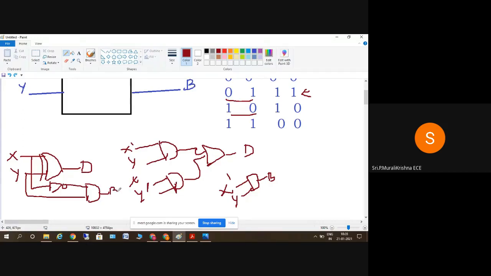This is D and this is borrow. So it is the same exclusive OR gate, but the inverter is used for x bar y. Clear? Yes, sir.